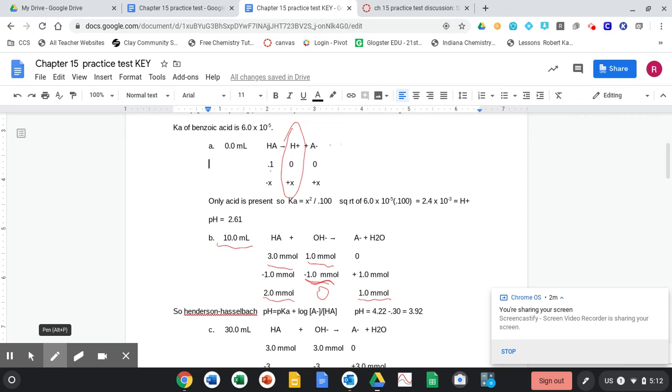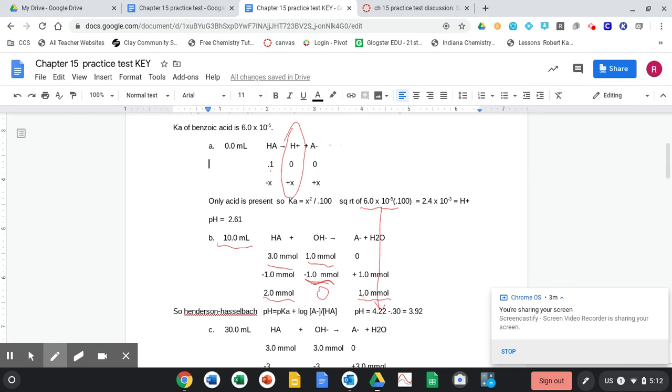And so we're going to use Henderson-Hasselbalch since we have the acid and the conjugate present. And so we're going to take the Ka of 6 times 10 to the minus fifth and take the negative log of that number. And that gives me the 4.22. And I'm going to then find the log of the ratio of 1 divided by 2, which is 0.5.